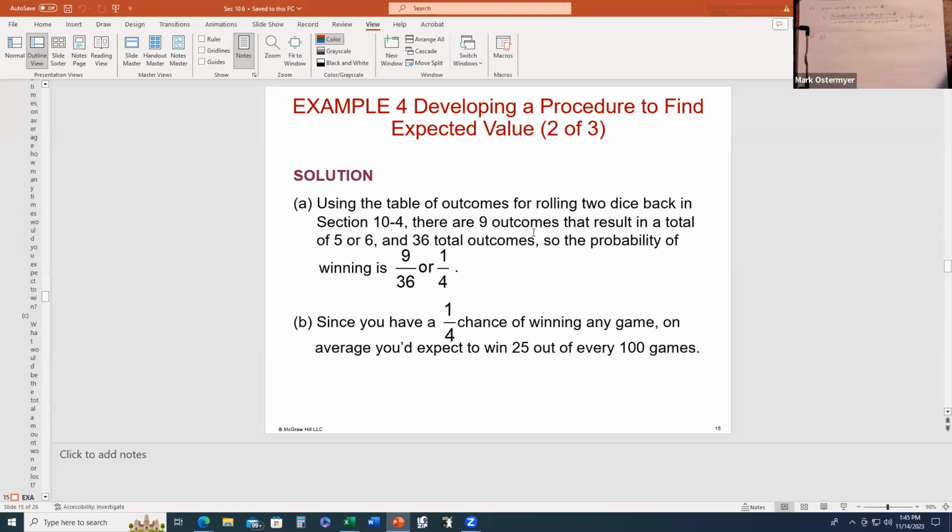Well, instead of going back to that table and creating a table, let's just save a little bit of time, and just trust me when I say there are 9 outcomes of the 36 that yield a sum of 5 or a 6. Therefore, the probability of rolling a sum of 5 or a 6 when you roll 2 dice is 9 over 36, or 1/4 chance, or in our minds, we know that is 25% chance.